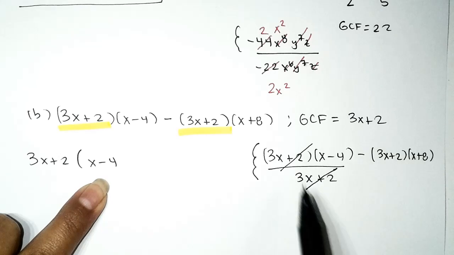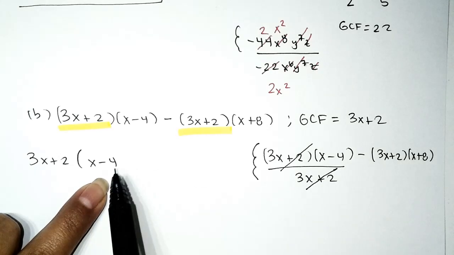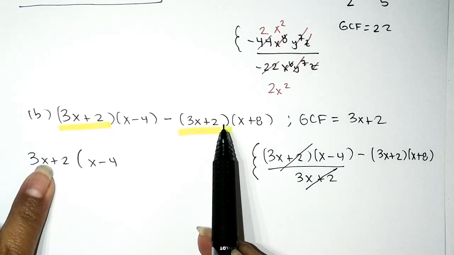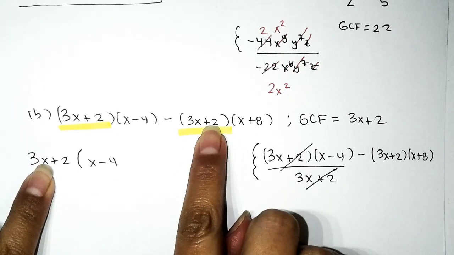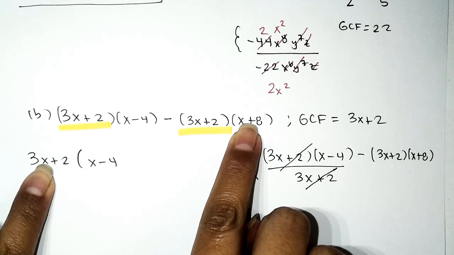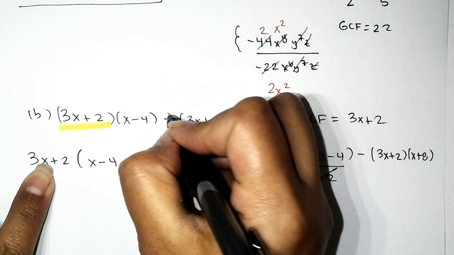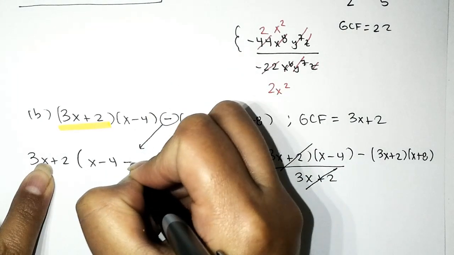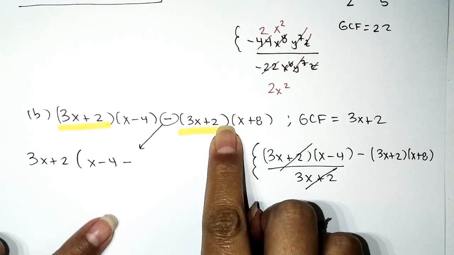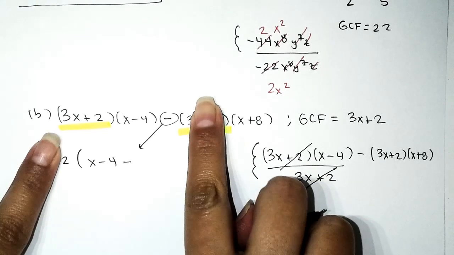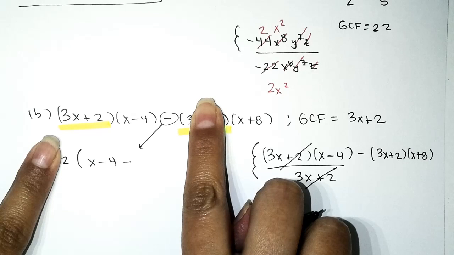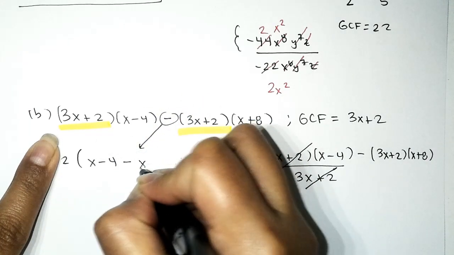So again, you can show me your thought process, or you can go straight to the answer. Next product divided by GCF. The 3x plus 2's cancel, and that will leave us with x plus 8. But let's not forget to bring down the minus sign.